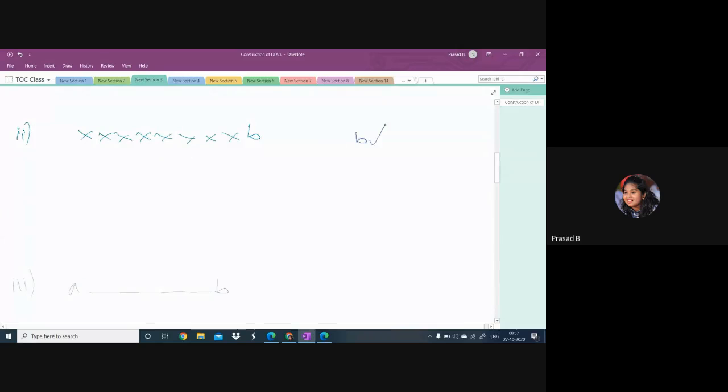The smallest string is B, because B is as well as starting and also ending. So first we accept the single B, ending with B.